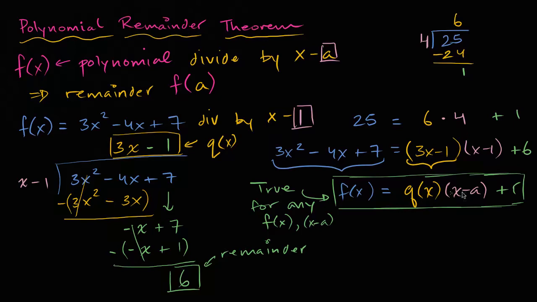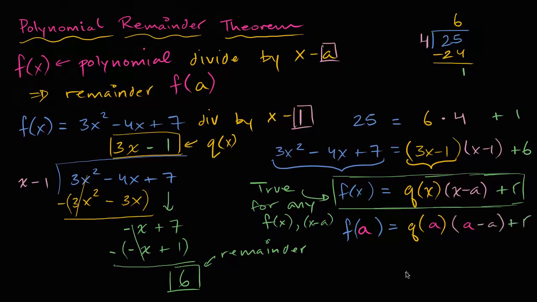Well, if f of x can be written like this, we could write f of a, let me do a in a new color so it sticks out. We could write f of a would be equal to q of a times, I think you might see where this is going, a minus a, plus r. Well, what's that going to be equal to?